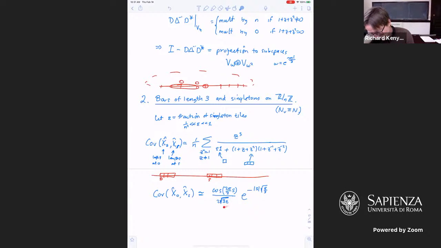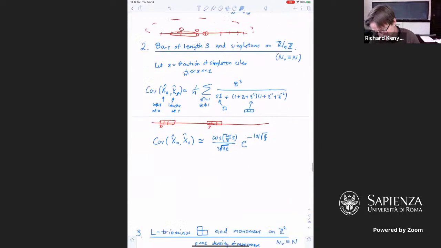Then there's some factor 1 over square root of epsilon in the numerator, and then there's exponential decay with the square root of epsilon in there. So as s grows, the covariance decays to 0, but you can still see that periodic behavior. In the limit, as epsilon goes to 0, the exponential decay becomes weaker and weaker, although there's also some blow up. It's an interesting trade-off.